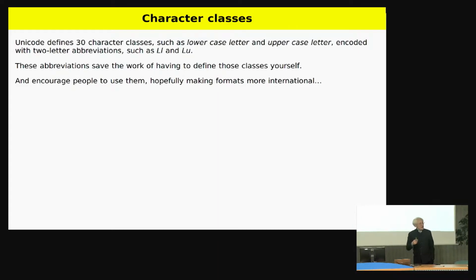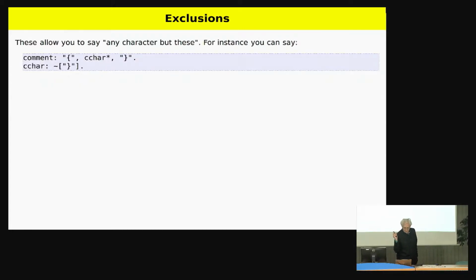And I think another nice thing is that it makes it easier to make your formats international, because you don't have to know what an uppercase letter is, or what a letter is even, in the enormous Unicode character set. You can just say, accept here a lowercase letter, and Unicode will do the work for you, as it were.